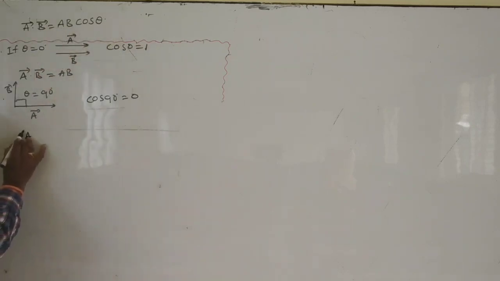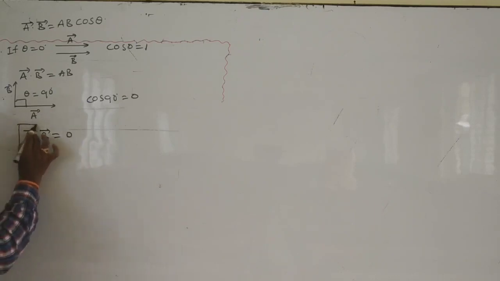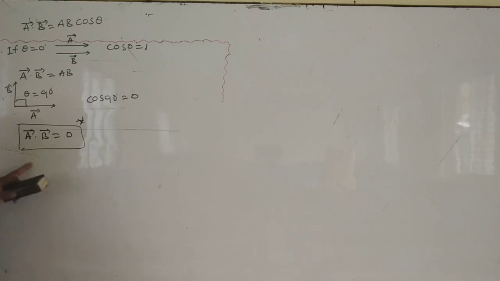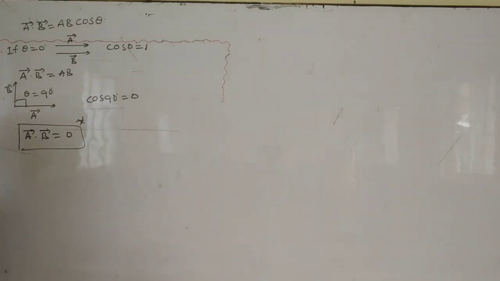So now a bar dot b bar is equal to 0. This is very important. When two vectors are perpendicular to each other, what is the dot product? The question will come. It is 0.